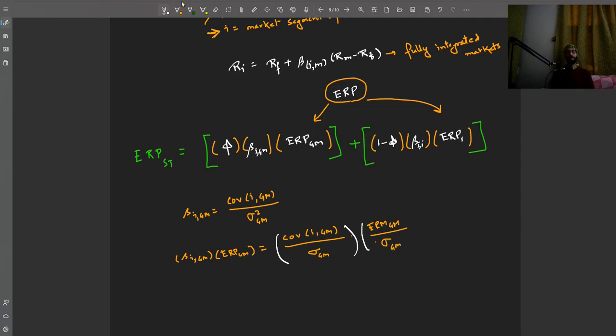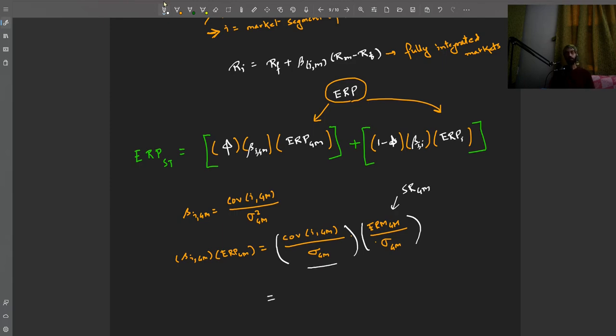We have just taken the variance and divided it into standard deviation into standard deviation. That's what we have done, and we have put the second part in the brackets here. Now interestingly, this is the Sharpe ratio of the global markets. And the first expression can also be rewritten. Let's do that.